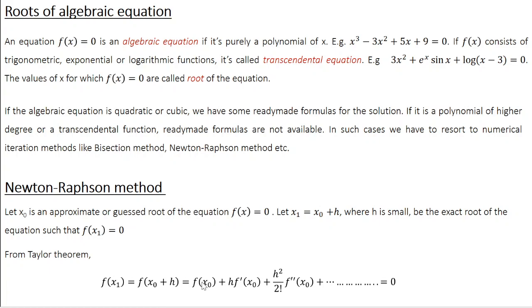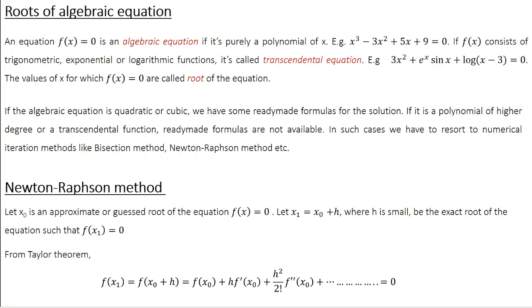So I can rewrite the Taylor series in terms of the step size h as f of x1 equal to f of x0 plus h into f prime of x0 plus h square by 2 factorial f double prime of x0 all the way to infinity. This is equal to 0.